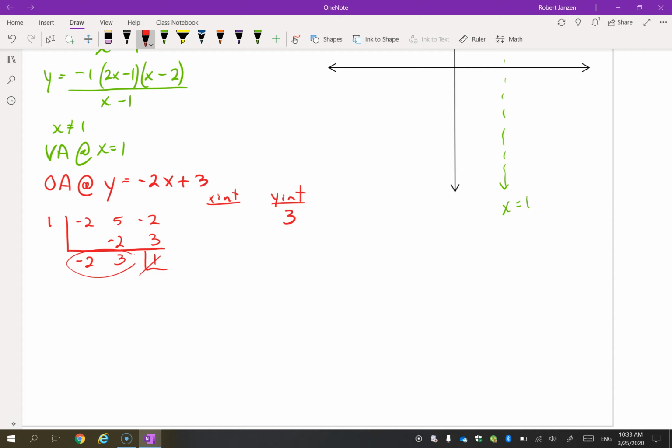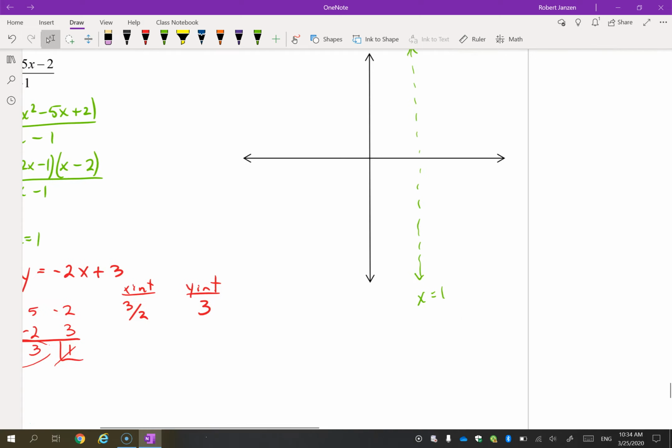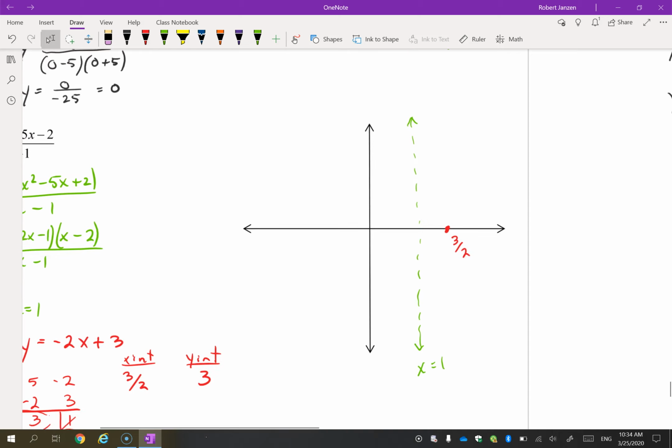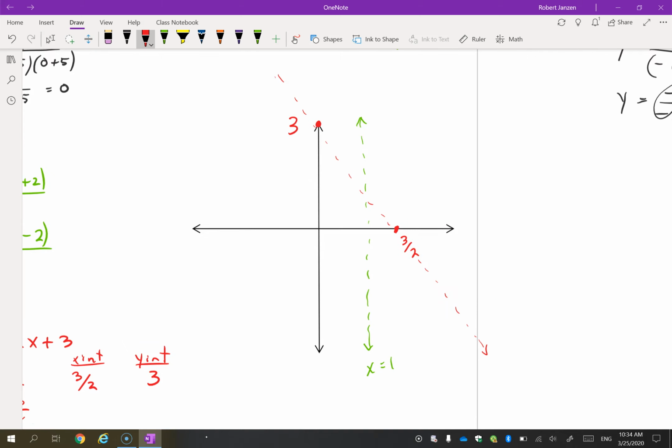The x-intercept is 3/2. Okay, so here's 3/2. It's a little bigger than 1. And the y-intercept is 3. Okay, and this is an oblique asymptote. Remember, that's not the graph, that's just where we're going to have asymptotic behavior.